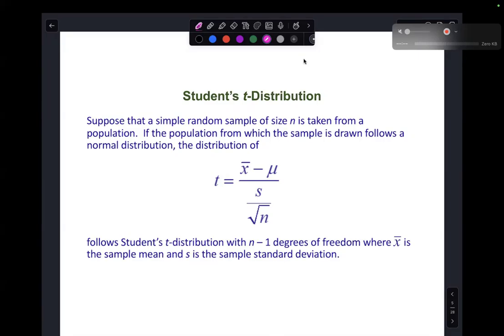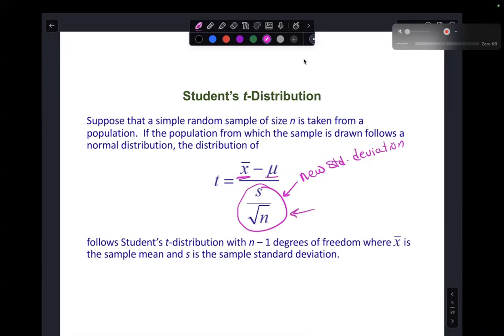So when we have the sample standard deviation and a sample mean, but we don't know the population mean, or we just have an estimate for it, then we will use our t values. This right here is how we'd calculate our t value. It is the sample mean minus the population mean if we have it, divided by the new standard deviation. This is the same formula we're using before, except the S used to be sigma.